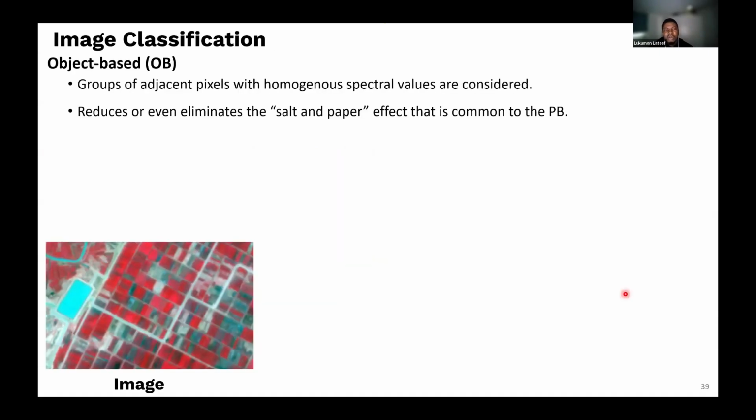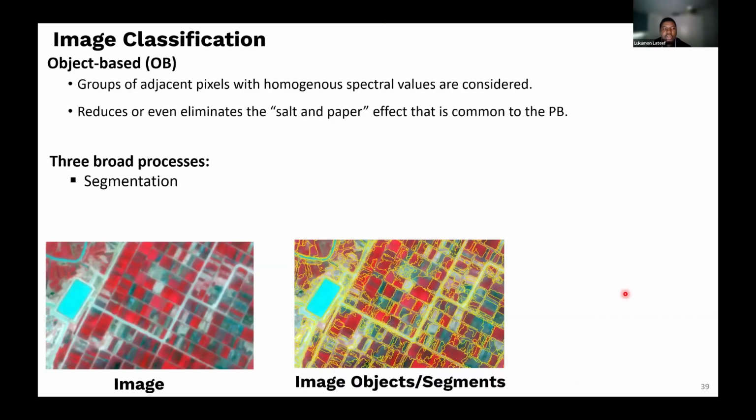So the other approach is the object-based. Here, instead of treating the pixel as a single unit, we try to look for a group of similar pixels from the start. Before, we used to look at a single pixel, but here we are looking at a group of similar pixels.